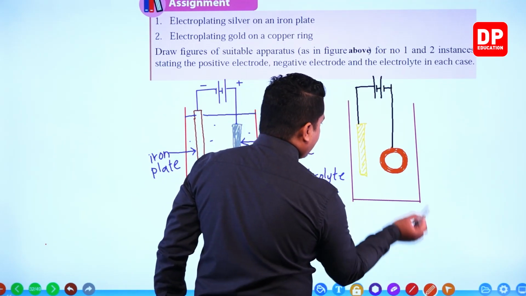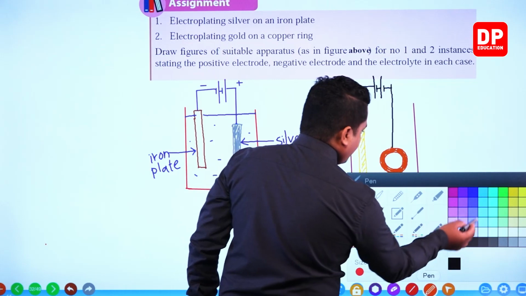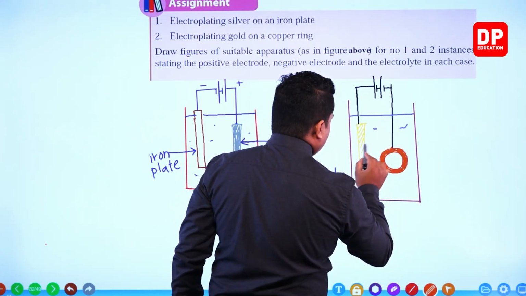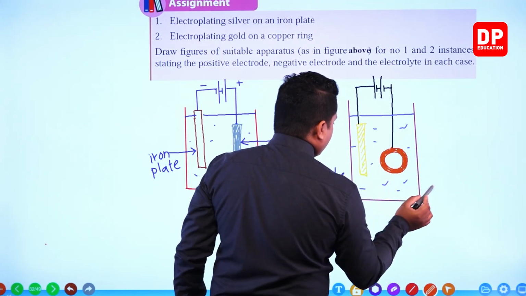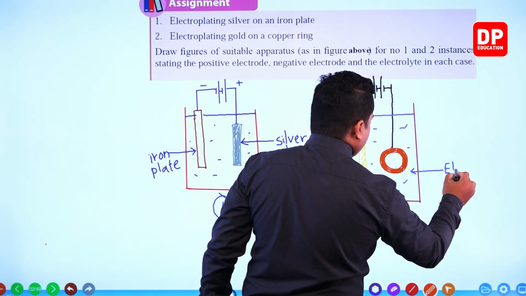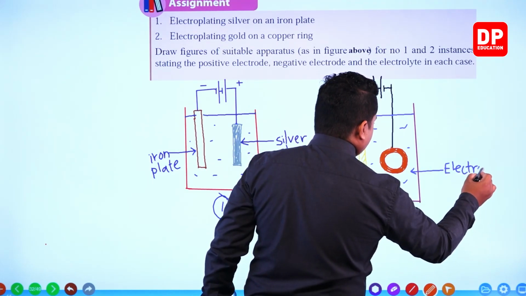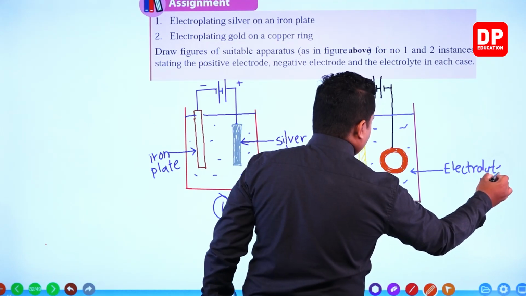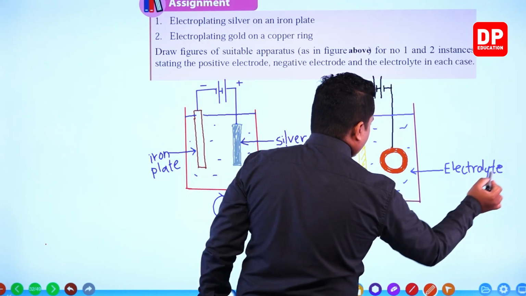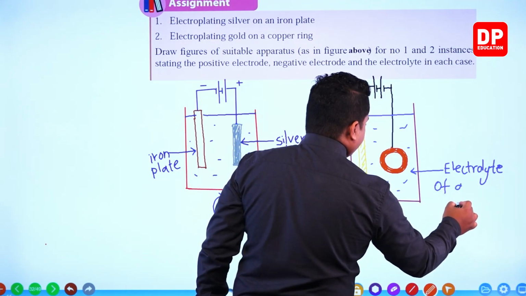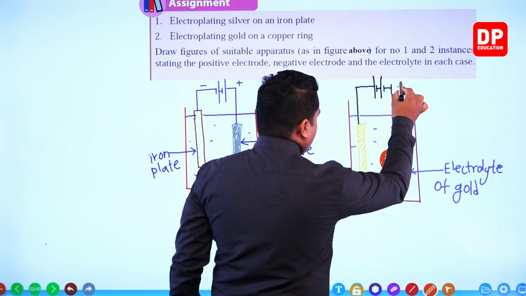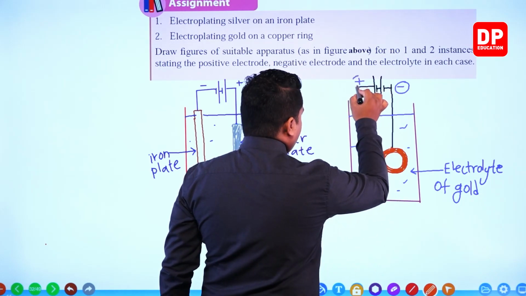Then I have to use the solution. So this is the solution, electrolyte of gold. So this is the negative terminal. This is the positive terminal.